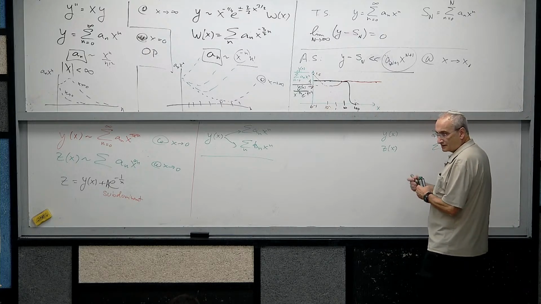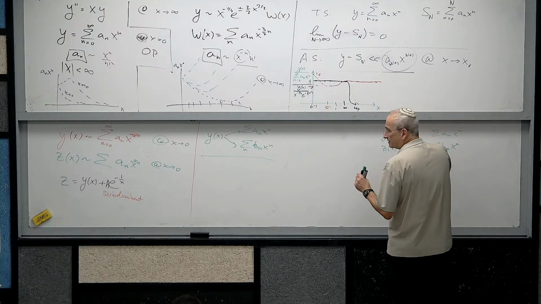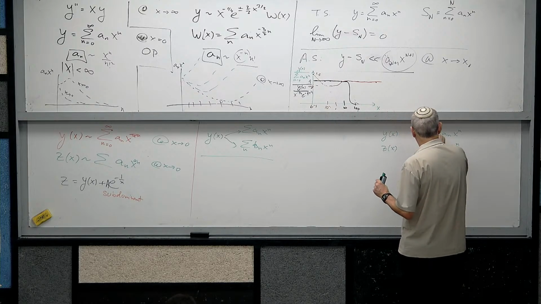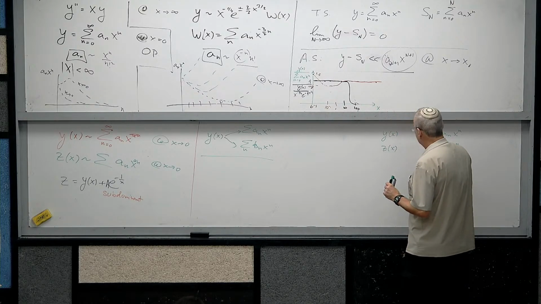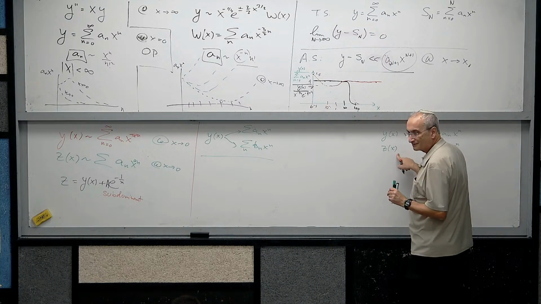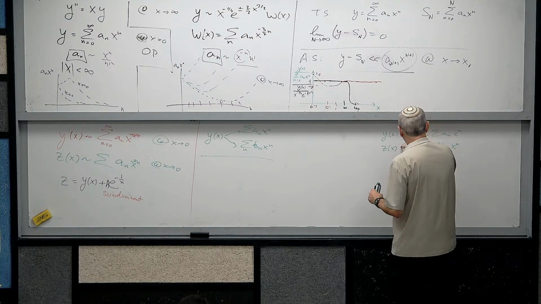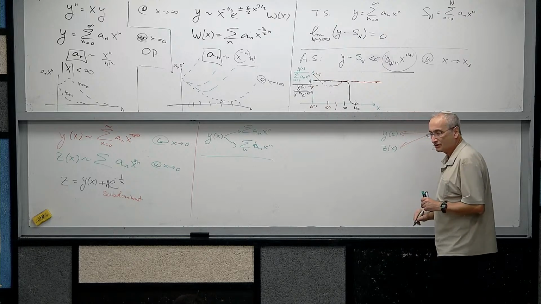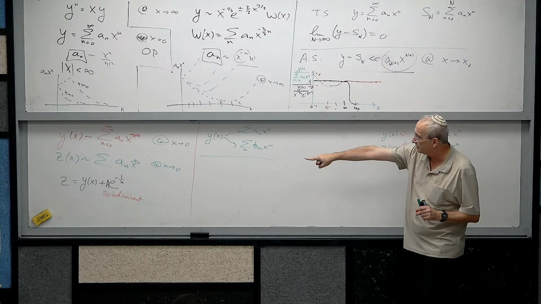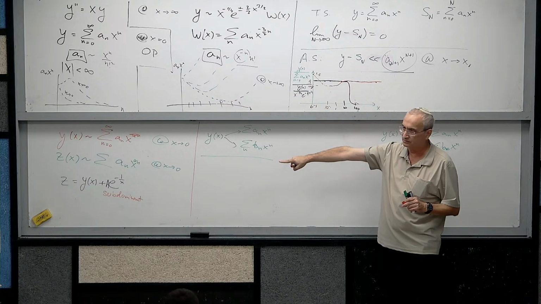In Taylor series, there is a unique correspondence: no function has two expansions, no expansion has two functions. In asymptotic series, one expansion may have two functions, because if the functions differ by a subdominant term, you're not going to see that.